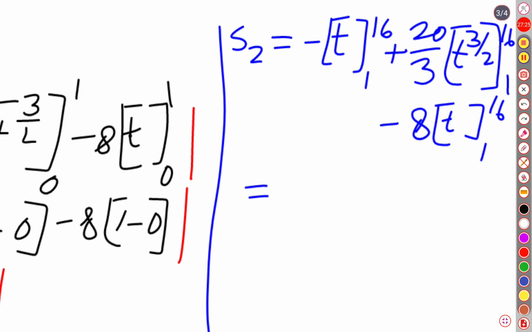This is actually a square, sorry, here there should be a square. So it is minus 16 square minus 1 square.